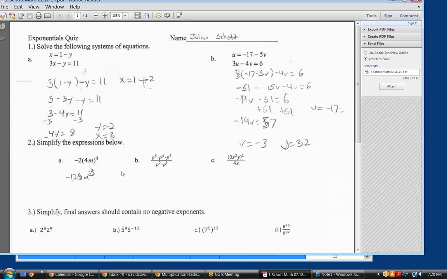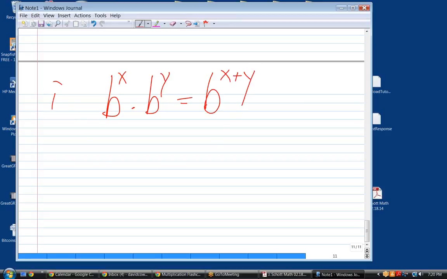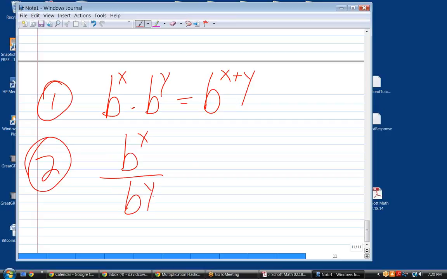Yeah. Okay. Well, you really only need to memorize three things, and I can't emphasize how this is the best way to memorize it. That's number 1 for multiplication. This is number 2 for division. And this is number 3 for exponentiation.